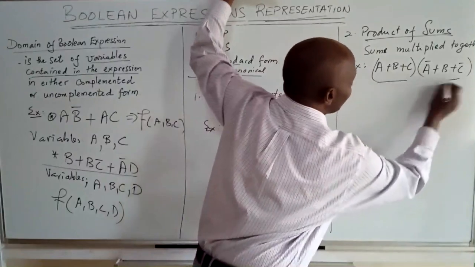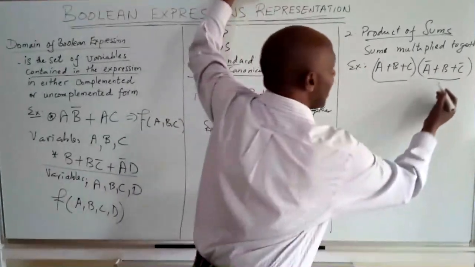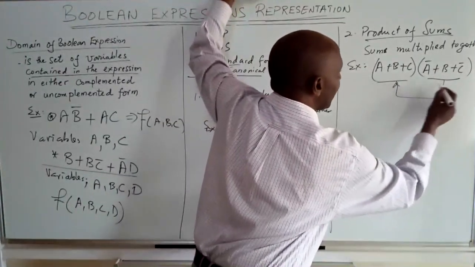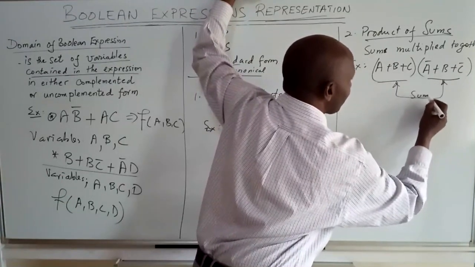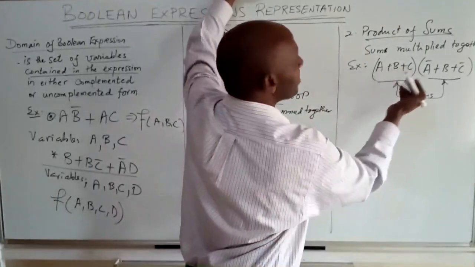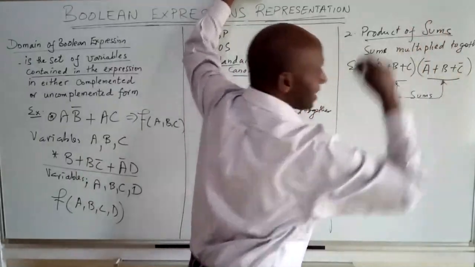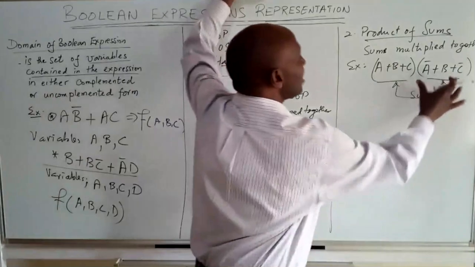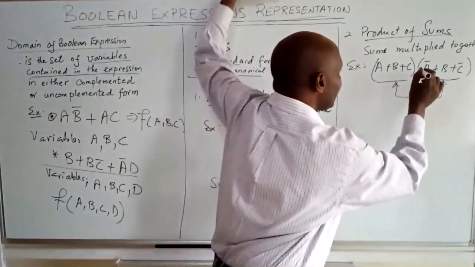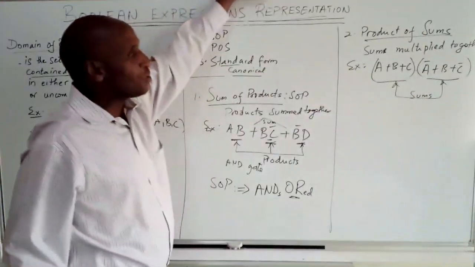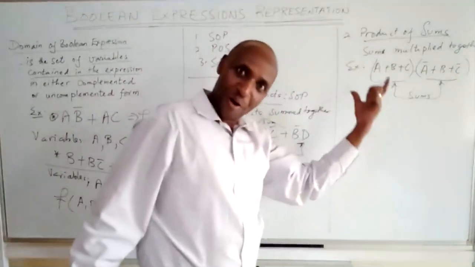A plus B plus C is one sum, A bar plus B plus C bar is another sum. And these two sums are multiplied together. So this is what we call product of sums.